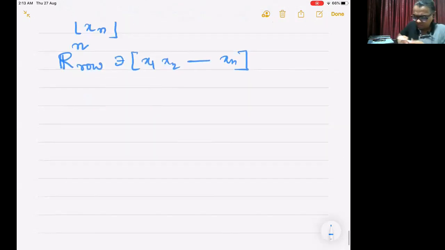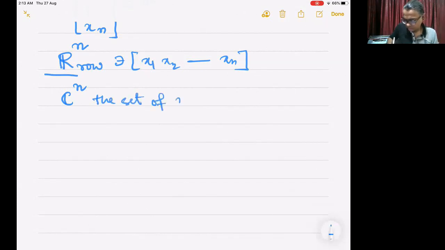Now, with just a little flight of imagination, you will be able to see without much difficulty that if instead I had C to the n, that is, the set of n-tuples of elements from the complex numbers, this also is a vector space.